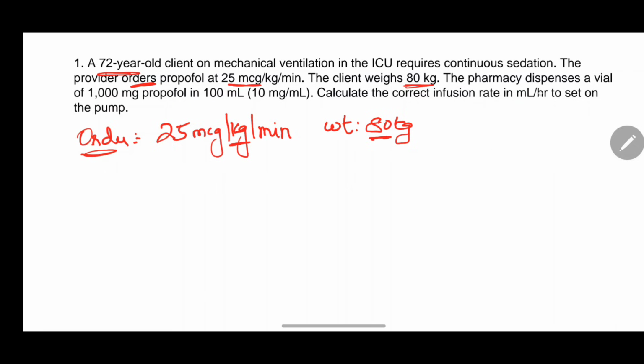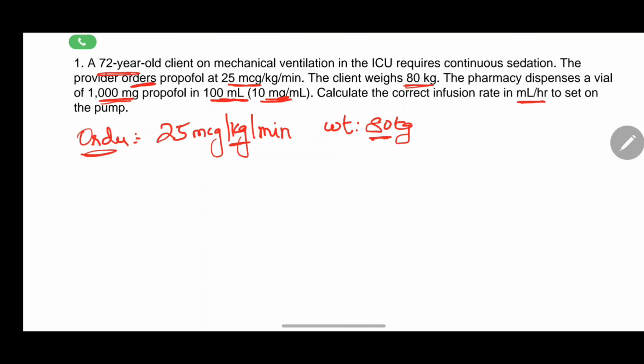Next, the pharmacy dispenses a vial of 1000 milligram Propofol in 100 ml, that is 10 mg per ml. They have given the dose also, 10 mg per ml. In 100 ml 1000 mg, and in 1 ml it is 10 mg. Calculate the correct infusion rate in ml per hour to set on the pump.